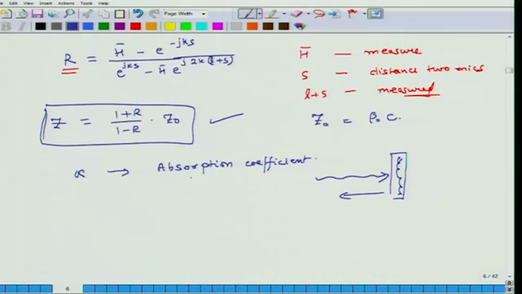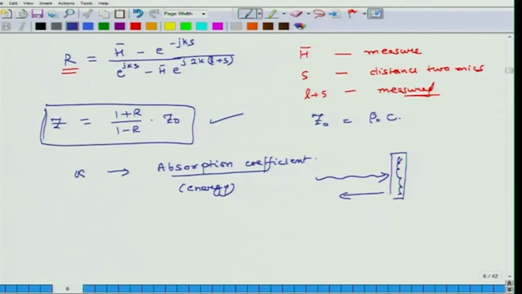Whatever is incident minus reflected energy, the difference between the two will be the absorbed energy. This absorbed energy will be partly converted into heat in the system and partly it will be transmitted on the other side. So this is related to energy.